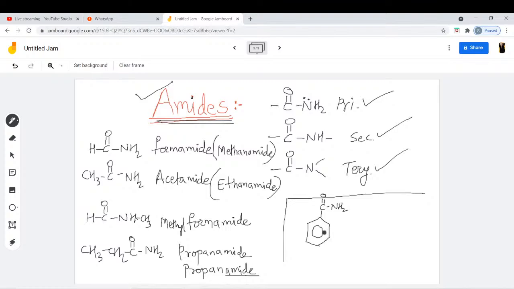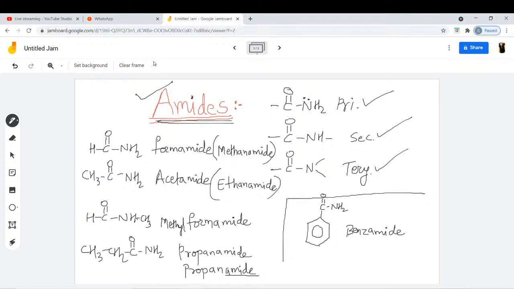Its name is benzamide. Very much important.